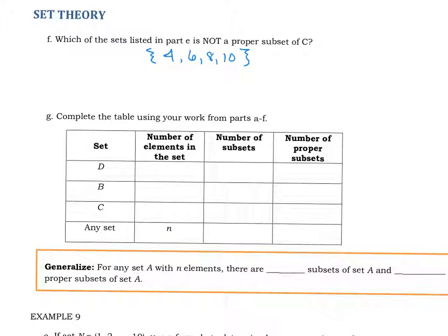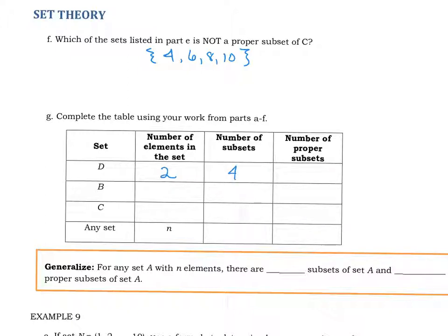All right, so let's do a generalization from what we did here with the previous problems. So with G, it's asking us to complete the table using your work from parts A through F. So you'll notice that there were 2 elements in set D, and the number of subsets that set D had was 4.